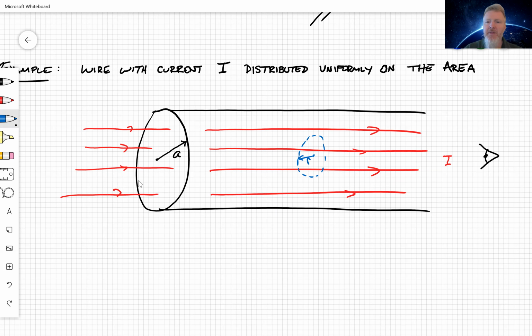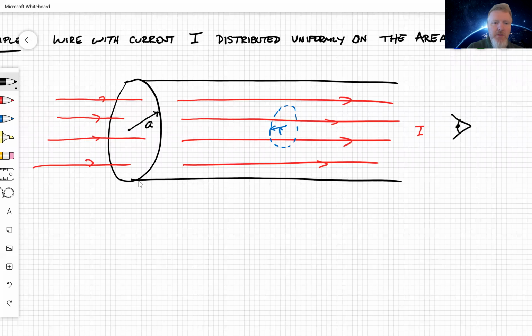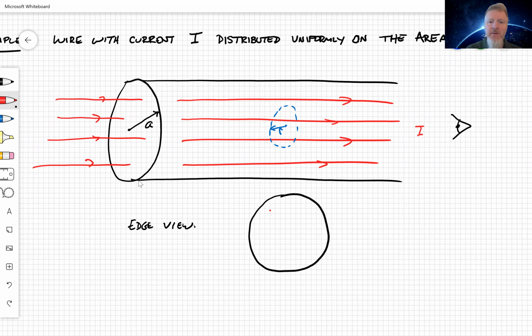So if I look at it from this direction, then the edge view that I see would be, let's see, I'm going to turn it this way. So the current's all coming out at me. Never mind, I'm going to do this. So here's the wire. All the current.